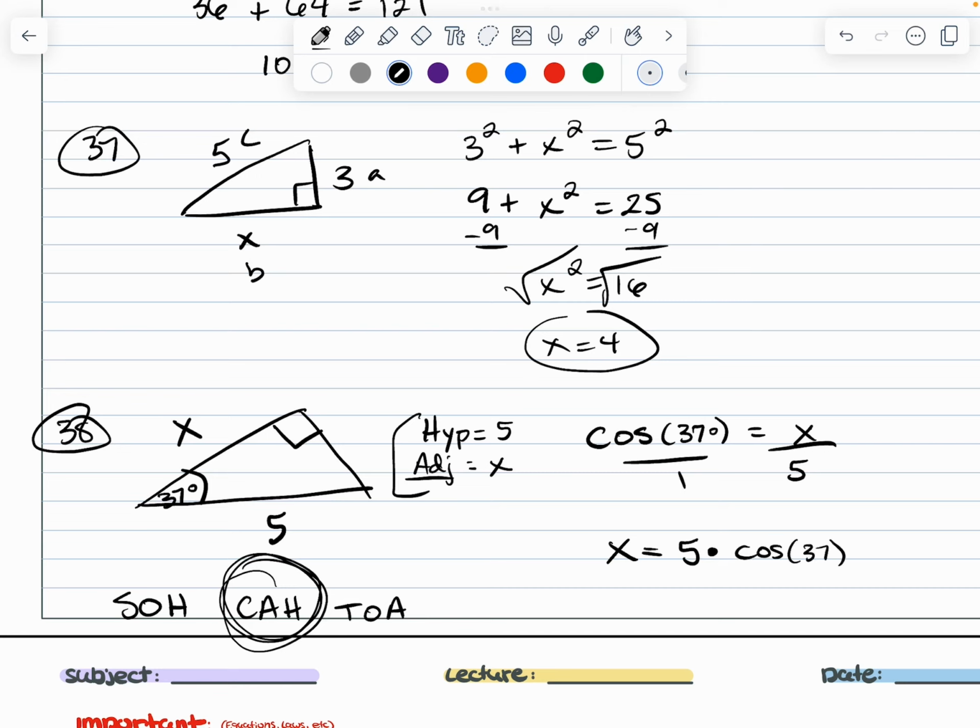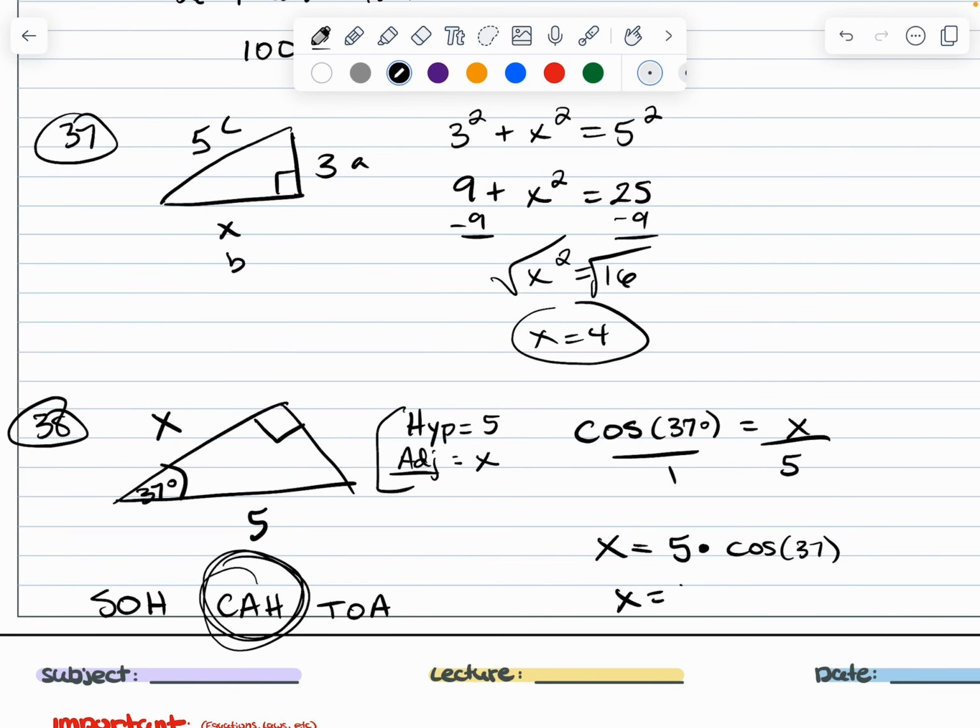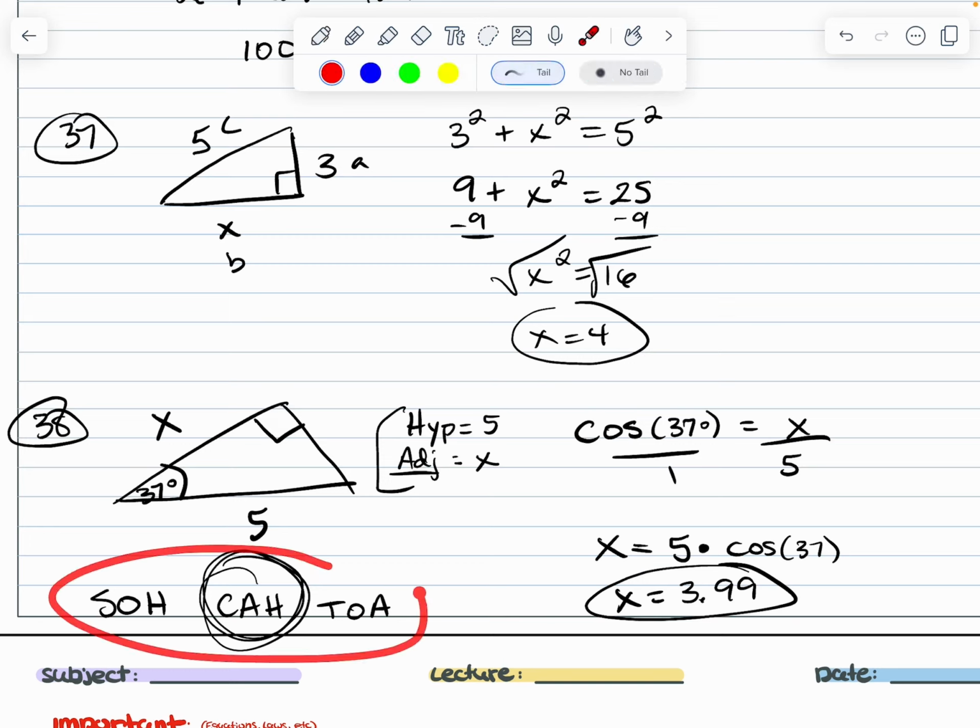Got to make sure my calculator is in degrees mode. So 5 times the cosine of 37 is going to give you x is equal to 3.99 right there. Okay? So, again, label your H, A, and O, then figure out which one you need. All right? Either sine, cosine, or tangent.